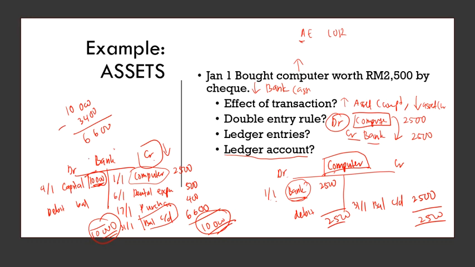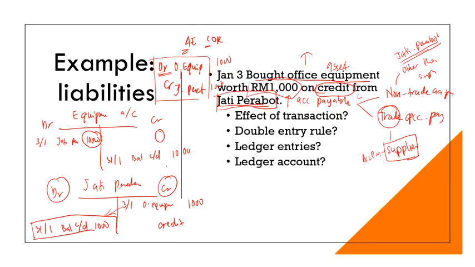Date, debit, credit, account title, particulars, RM. Okay, total lah. Ni pun total lah 1,000. Okay, you nak show yang balance lah. Debit and credit tu balance.